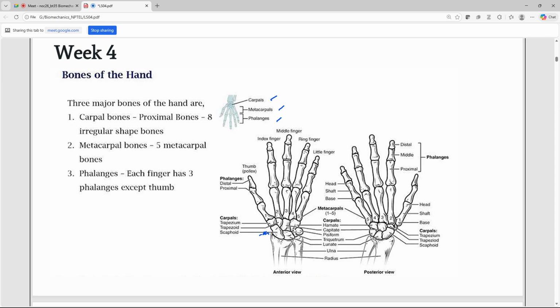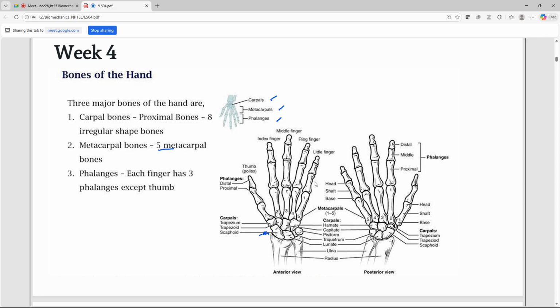After that, the carpals are connected to the phalanges, or the bones of the fingers, by 5 other bones called metacarpals. Phalanges are the bones in the fingers.